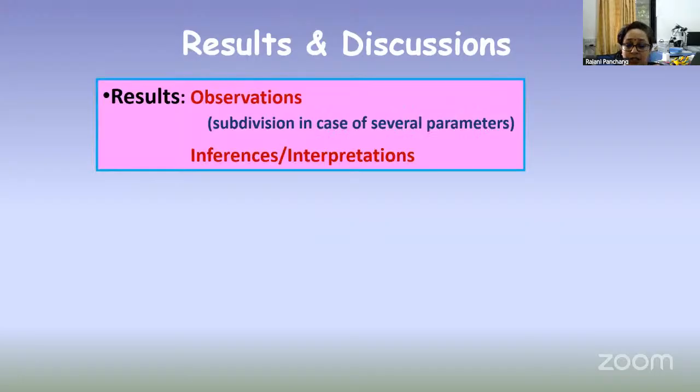Coming to results and discussions. Like I already told you, your different objectives or your different experiments can be part of different chapters.